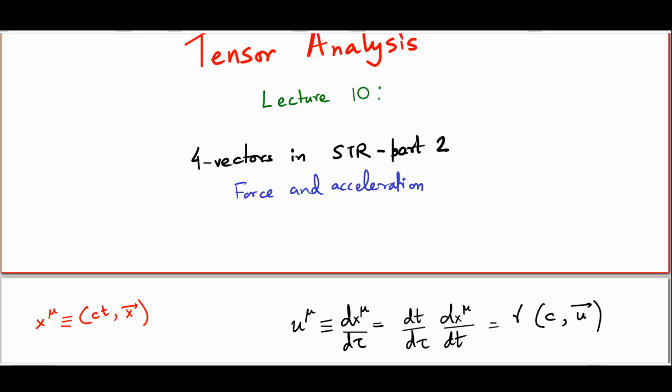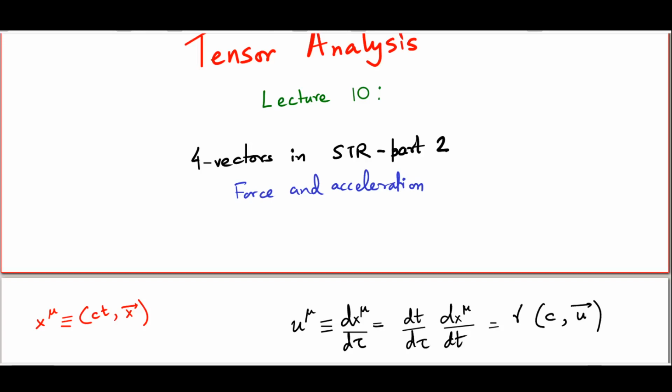And this leaves us with the result that the 4 velocity is gamma times (c, dx/dt), and dx/dt is our familiar 3 velocity u. So one important point: the spatial part of the 4 velocity is not the 3 velocity, it's the 3 velocity multiplied by the gamma factor.